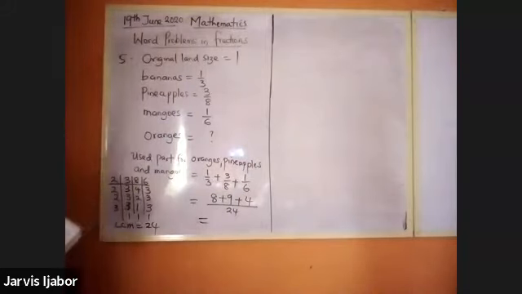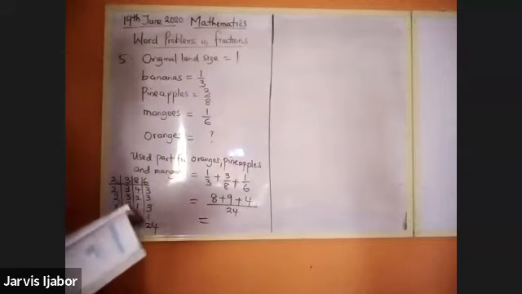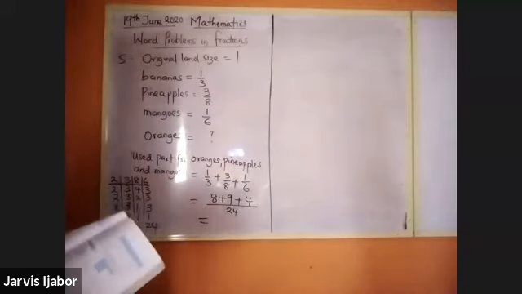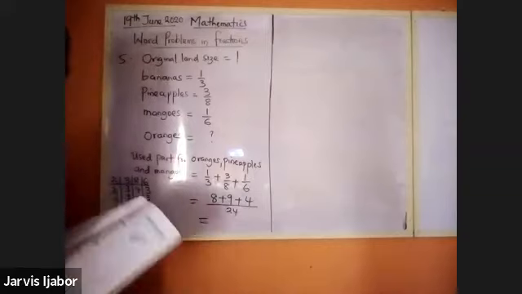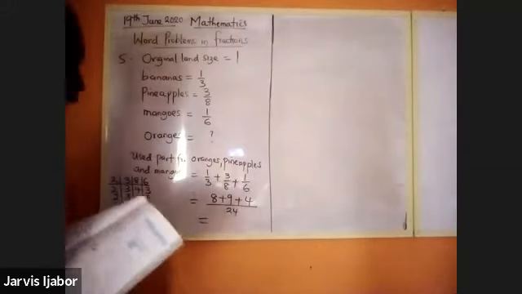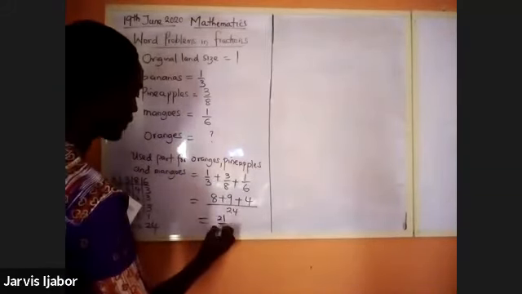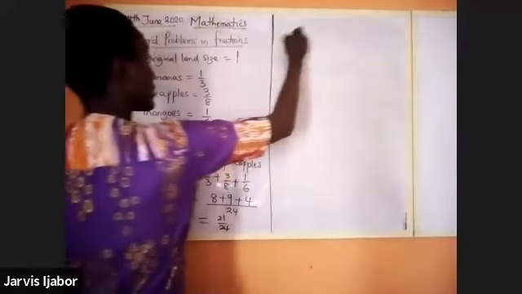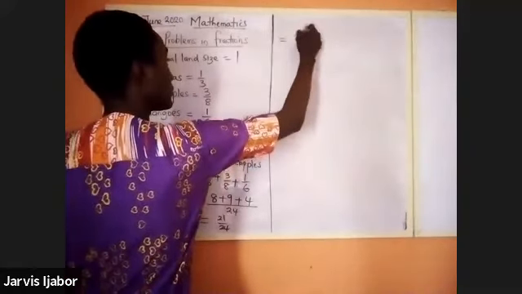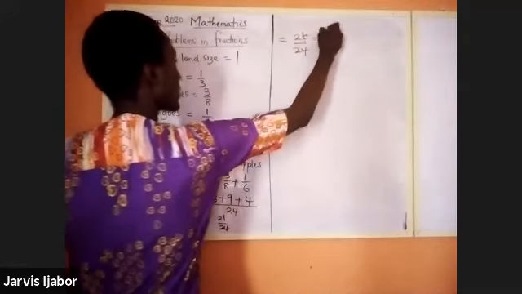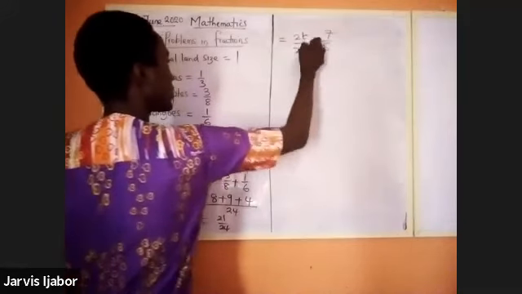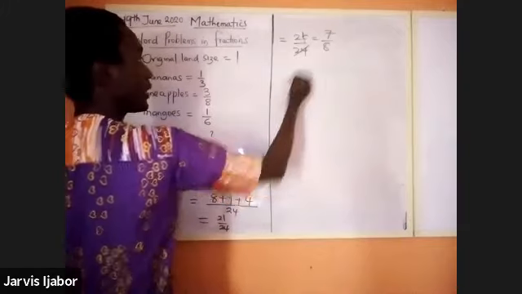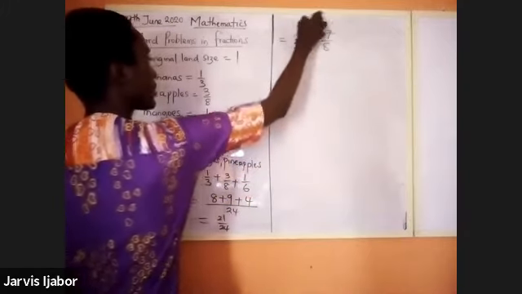So 8 plus 9 is 17. 17 plus 4 will give us 21. So this will now be 21 over 24. We can proceed and see that 21 over 24 is same thing as 7 over 8. How? 3 go here, 8, 3 go here, 7. So that's 7 over 8.